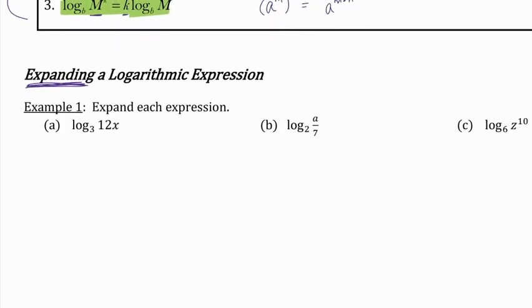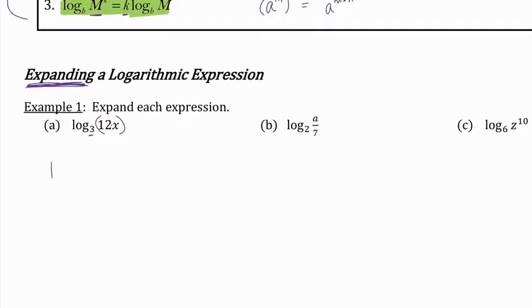So that's when we start with something like log base 3 of 12x, and we're going to expand it into more than one logarithm. It's log base 3, so we're always going to keep that base the same. That's not going to change. And then I'm going to look at what operation is happening with what I'm taking the log of. So this is log base 3 of 12 times x. There's multiplication happening between those two things. So I can separate that multiplication into two separate logs.